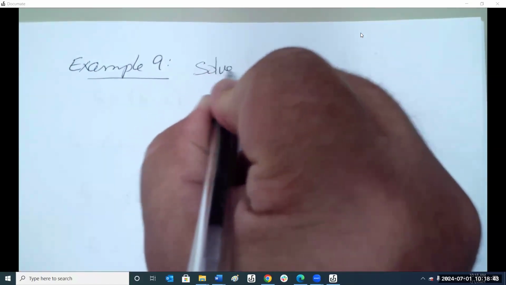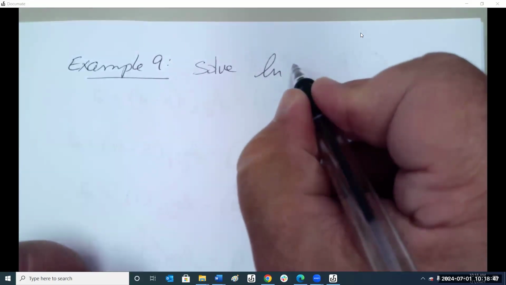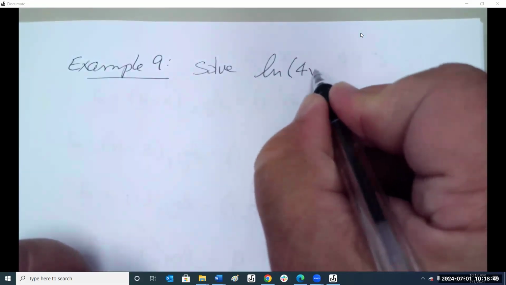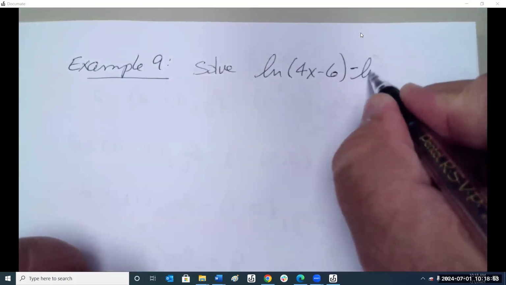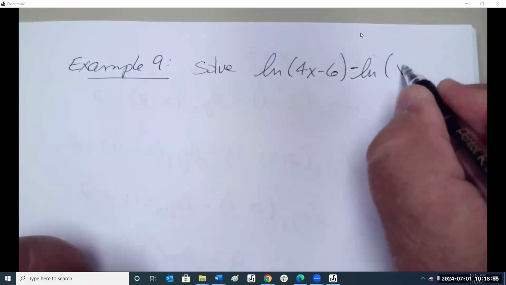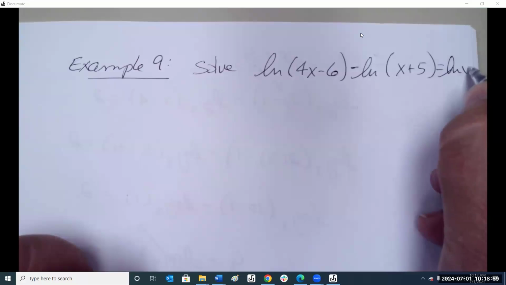And the last one. ln of 4x minus 6 minus ln of x plus 5 is equal to ln x.